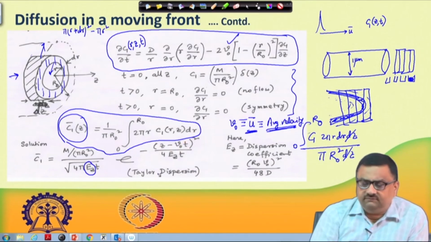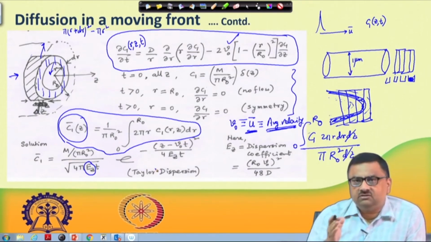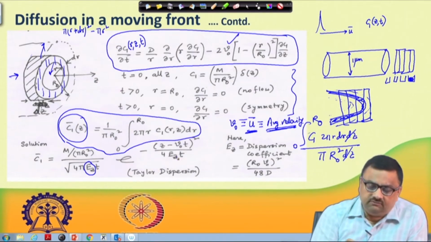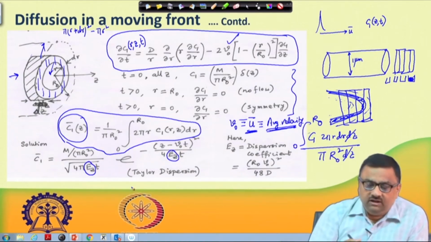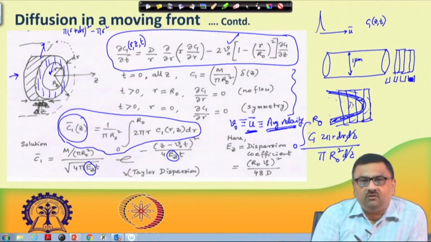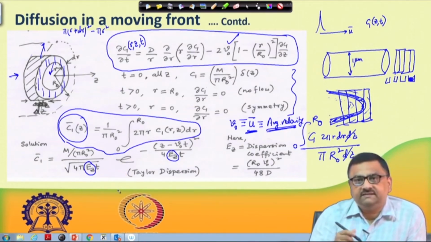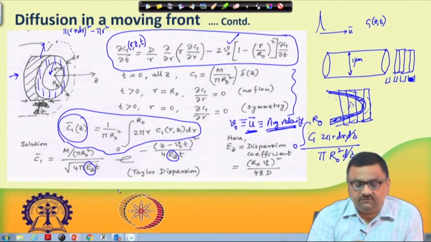Average velocity means that the center of this pulse is also moving at that velocity, so that is basically a reference system. So (z minus v naught t) whole square by 4 Ez t. This Ez is different. Taylor is successful in bringing this equation to the same form as we had seen in case of the static system, or the variant that we have seen in case of a moving front with uniform velocity.